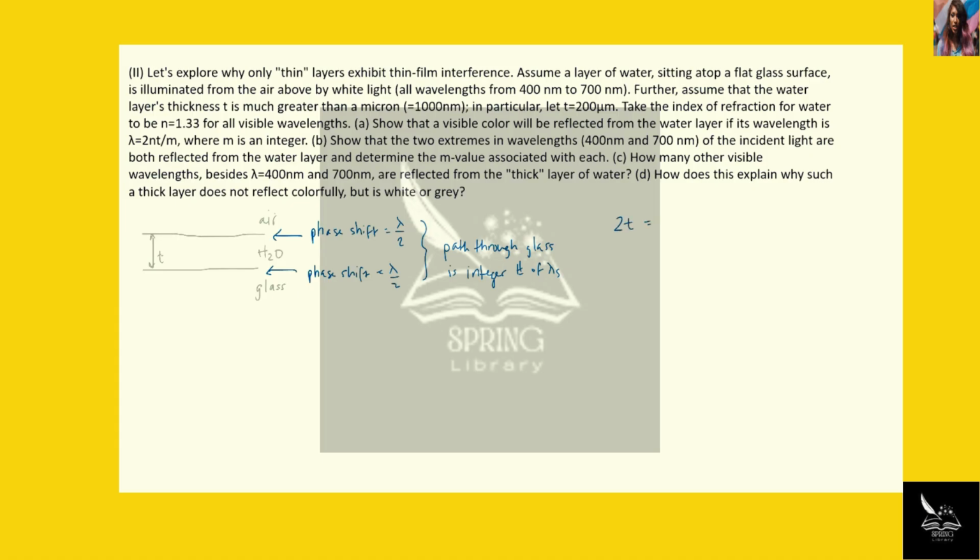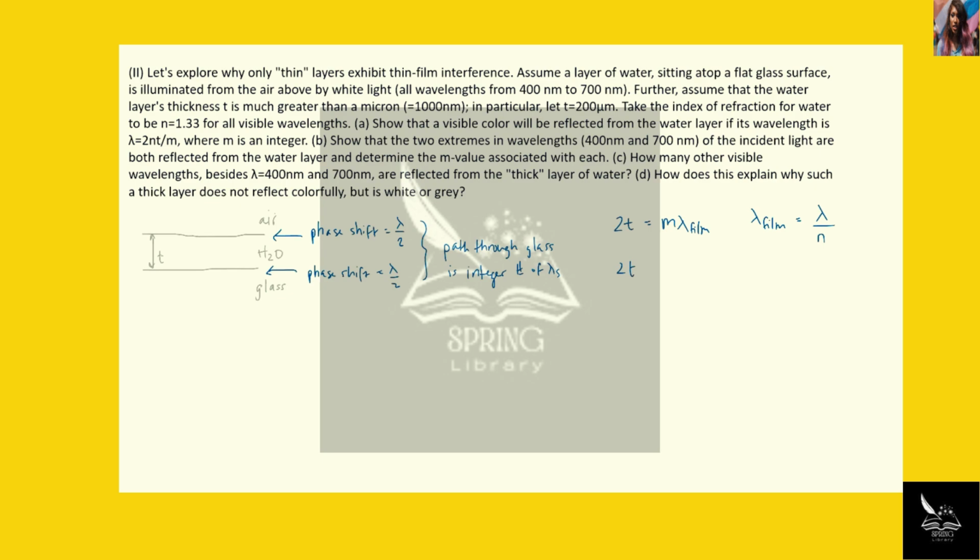This now lets us set up the fact that 2t, because we're going to go down and then back up, equals m times our wavelength within the film. Our wavelength within the film is equal to the incident wavelength, or wavelength in a vacuum, divided by n.